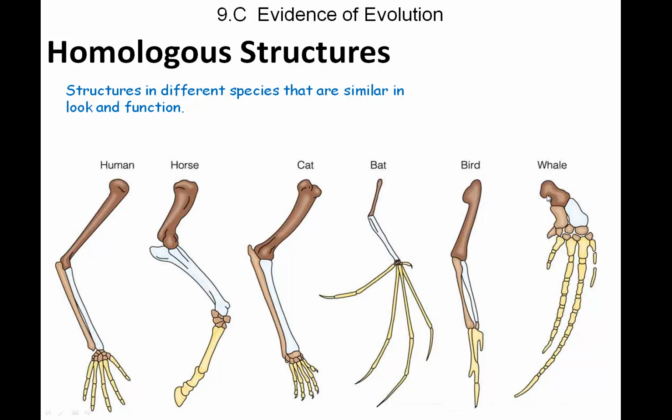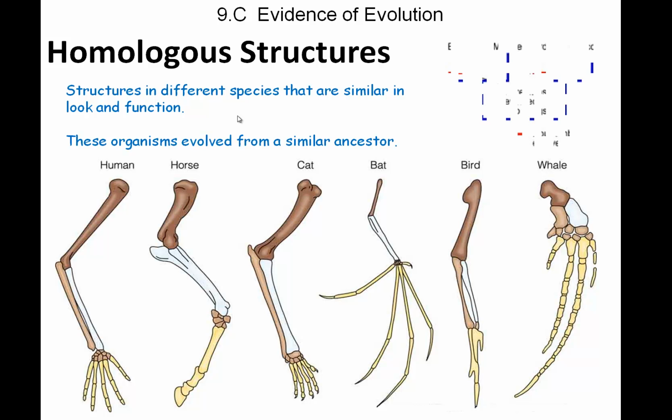You can see that this upper bone is minuscule in a whale, and then it ends in the phalanges, which are the fingers, with bones in the middle. These organisms evolved from a similar ancestor, but are different species, and these structures are used for different purposes. Some for walking, some for flying, some for swimming, but they are homologous structures.